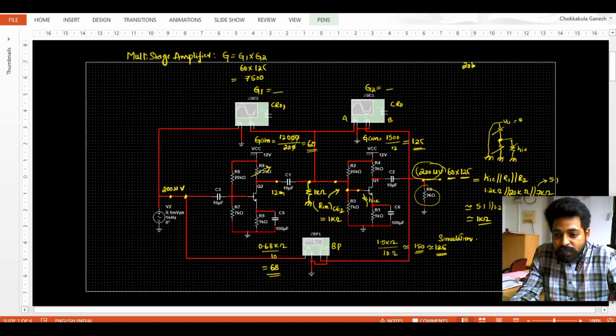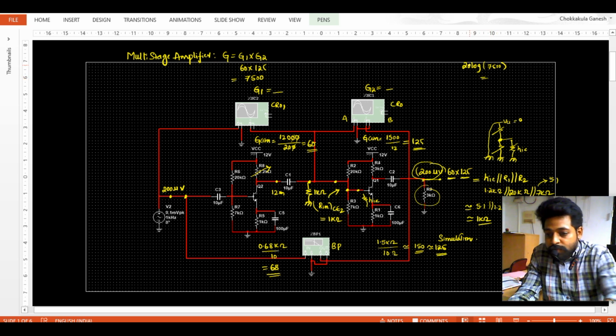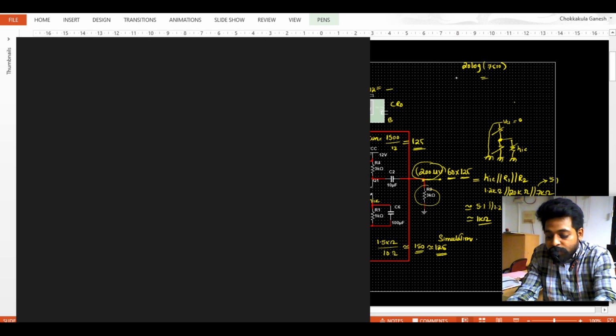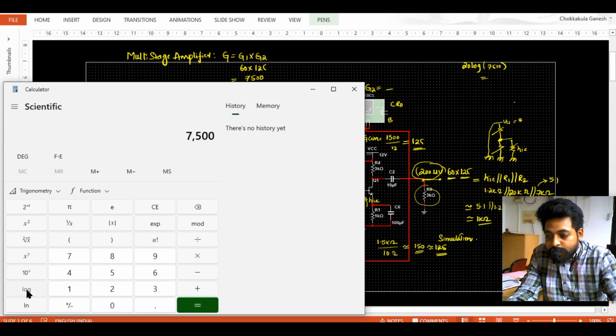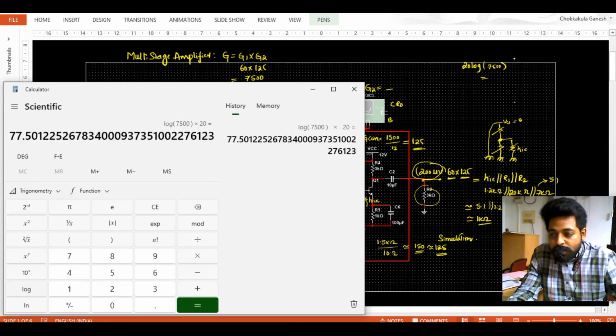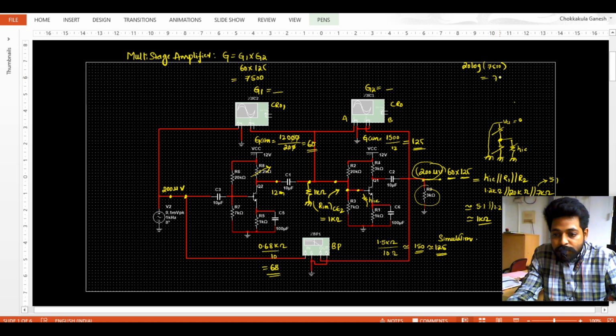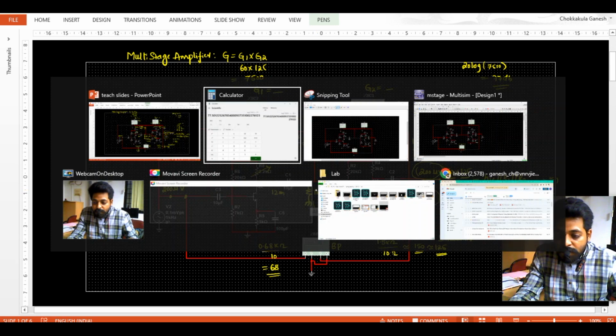If I put 20 log 7500, to calculate this much gain in dB, 20 times log of 7500 is around 77. We got around 77 dB.